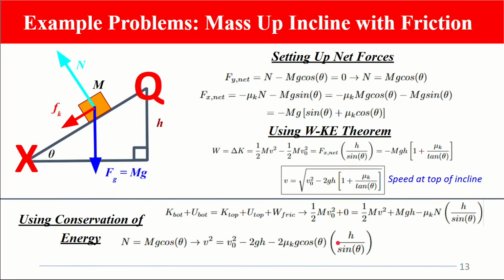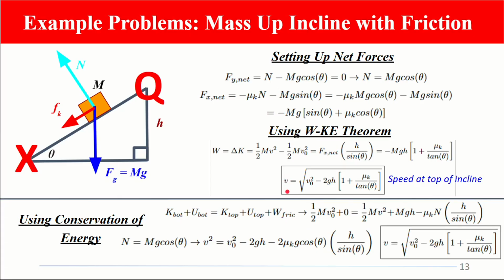And then, if you were to take this equation and reduce it such that you're able to get just v alone, you'll get your final equation as v is equal to the square root of v naught squared minus 2gh times the quantity 1 plus mu k over tangent of theta. And you can see clearly that this expression here is equal to this expression right here.